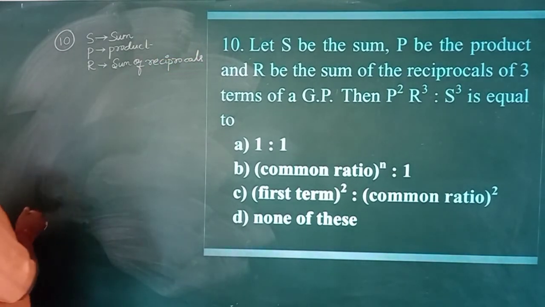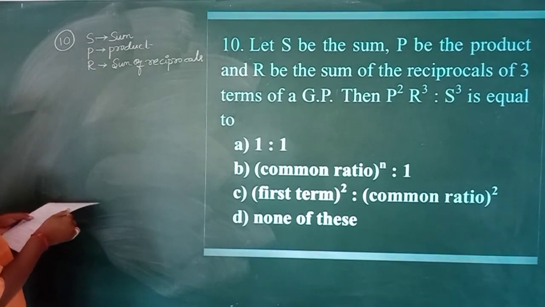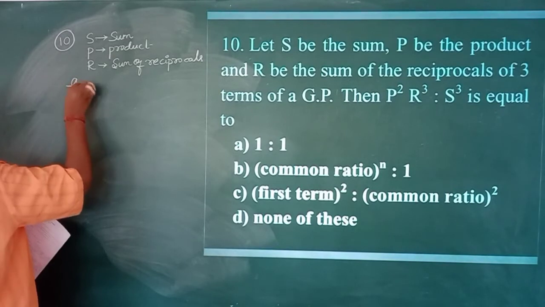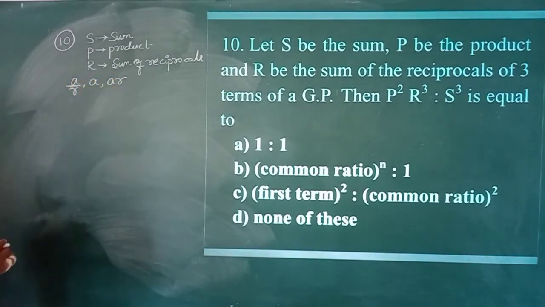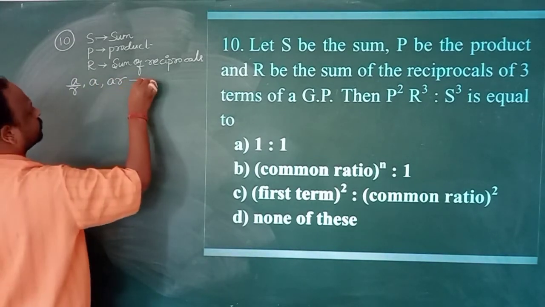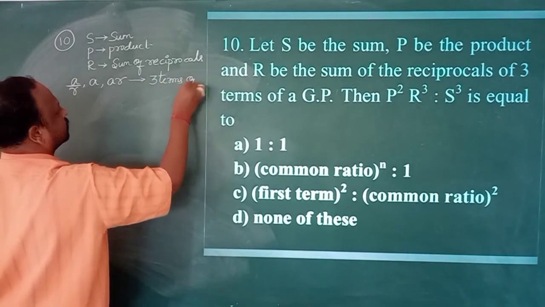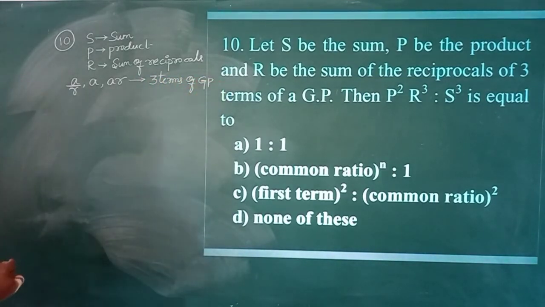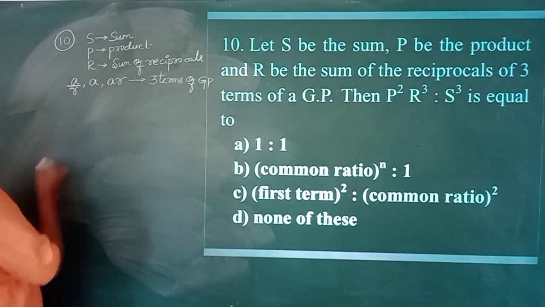If three terms are in GP, for GP you should take three terms, a by r, a, ar. So here three terms are in GP, then P square R cube is to S cube.